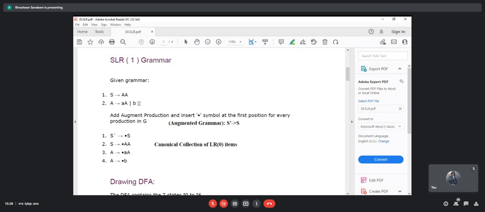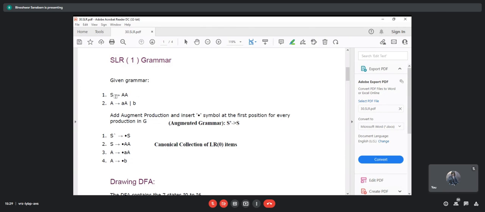So here we have this given grammar, that is S implies A, and the second production is A implies small a A, and then the third production is A implies B. Given this grammar, the first thing is to add the augmented production, that is augmented grammar S' implies S. Whenever we say augmented production, we have to include a production of the form S' implies S, where S is the start symbol.